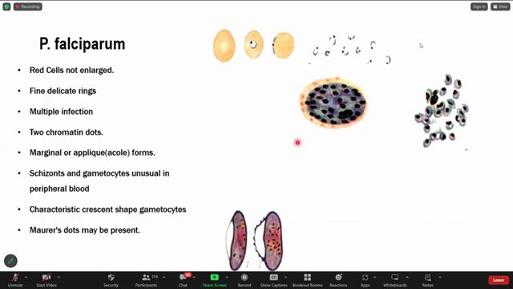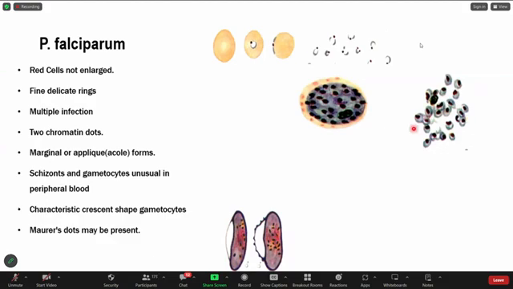P. falciparum produces the largest number of merozoites, up to 32 or 34. The cell size remains the same, but the merozoites are very many. In a thick film, since the red cell is hemolyzed, you will just see a cluster of many merozoites.